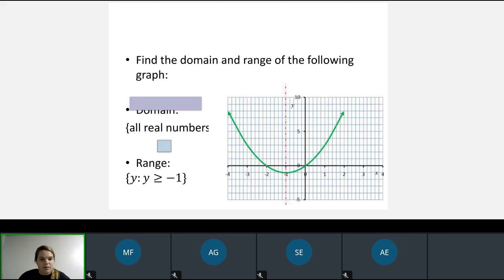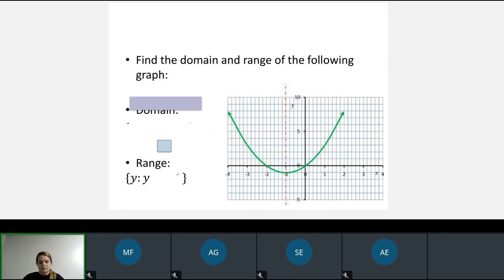So let's talk about this one. Sorry, obviously these boxes should be over the numbers. All right, so why don't you tell me the domain for this one? I don't think I can move them, of course not.